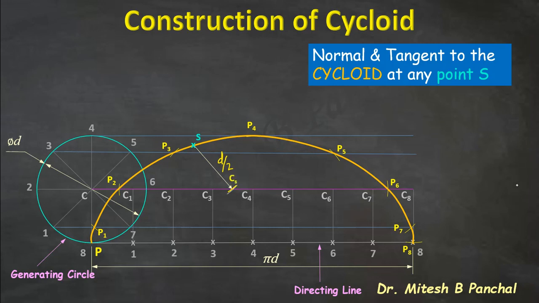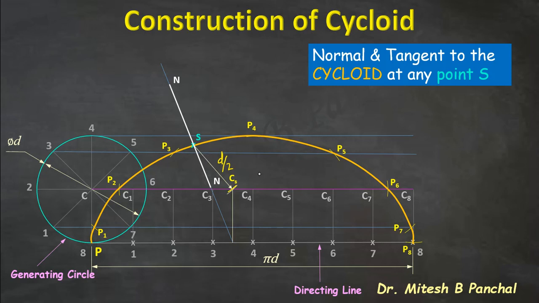Now from CS, draw a perpendicular line to the directing line. From this point on the directing line, draw a line passing through point S. That will give you the normal at the point S on the cycloid.